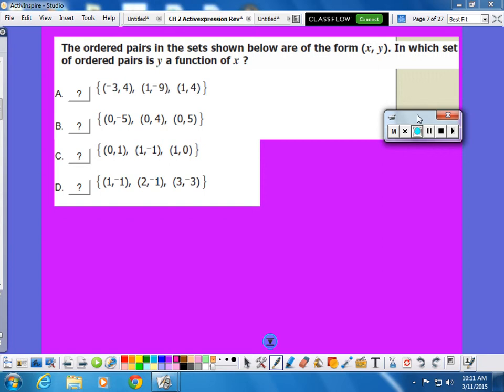If any of the x's are alike, then it is not a function. 1, 2, 3 are all different. Now, does it matter that those y's are the same? It does not. It's all about each element of the domain being paired with exactly one element of the range.